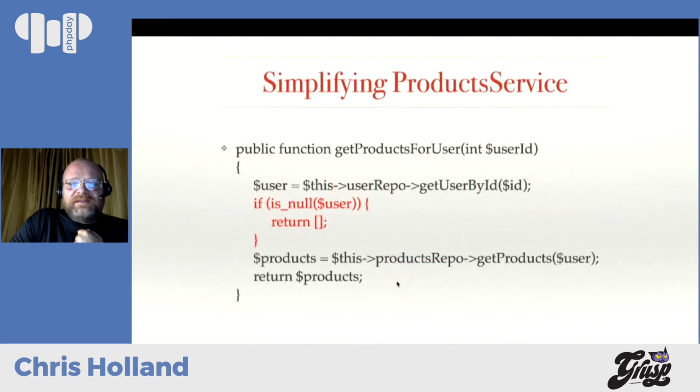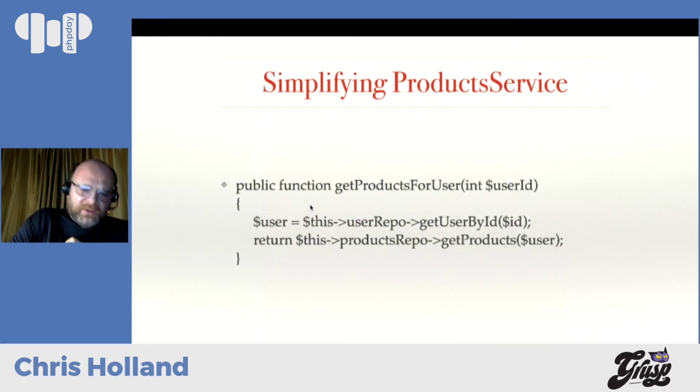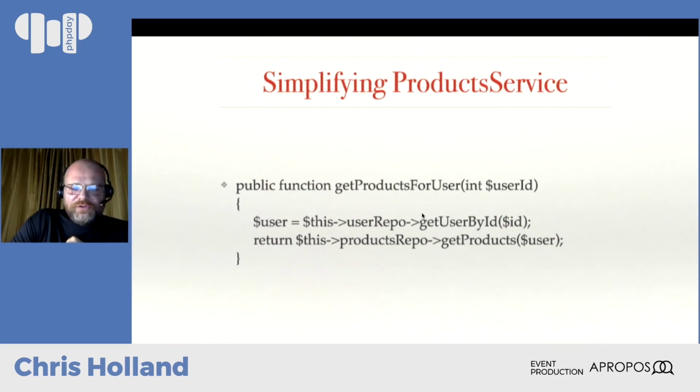So now I can simplify my product service, right? This null handling that I had in there, I can just make it go away, boom. And now my code looks a whole lot simpler. I can just get my user and then pass my user to my products repo and return it.